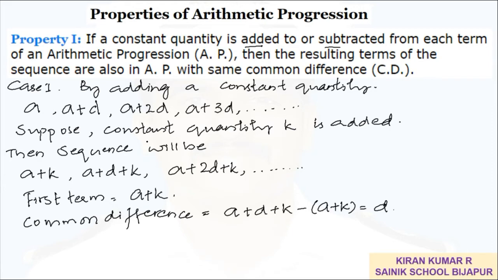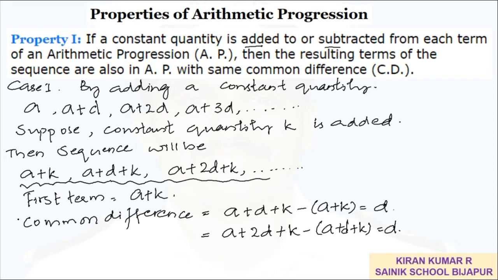If you observe third term minus the second term, a plus 2d plus k minus a plus d plus k, the difference will be d. Since there is the same common difference, the new sequence is also an AP.